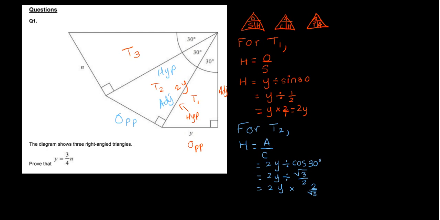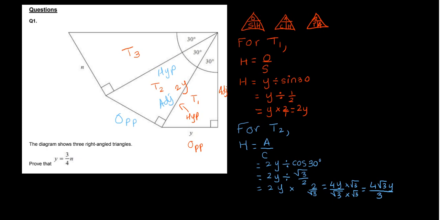Now those of you who are familiar with surds will know that our denominator should not be irrational ideally, so it'll be 4y over root 3, and I'm going to multiply it by root 3 over root 3 to rationalize the denominator, so that'll give me 4 root 3y, and root 3 times root 3 is square root of 9, which is the same as 3.